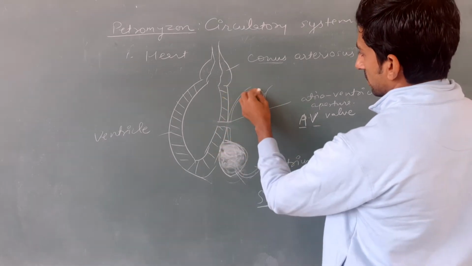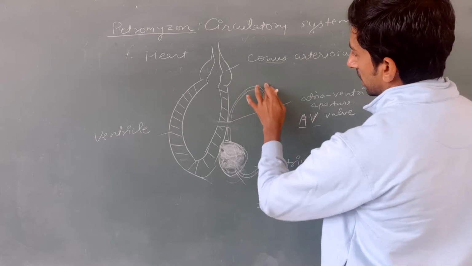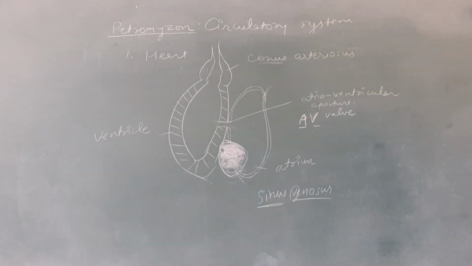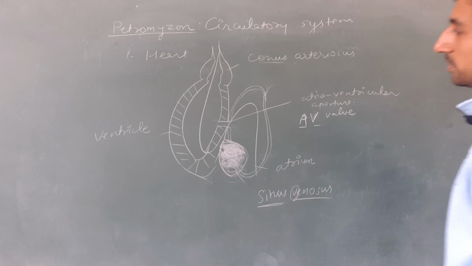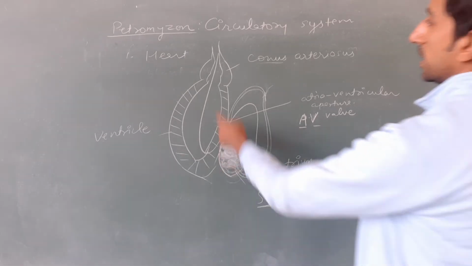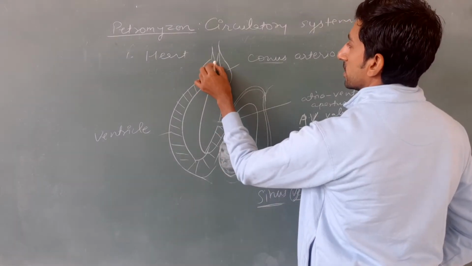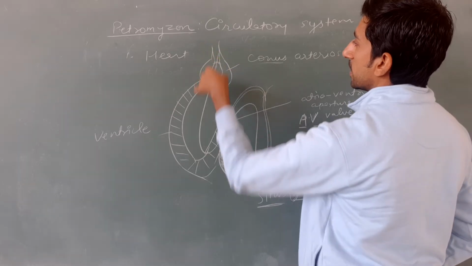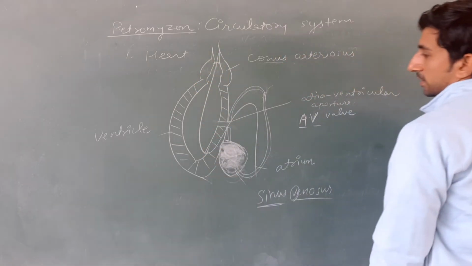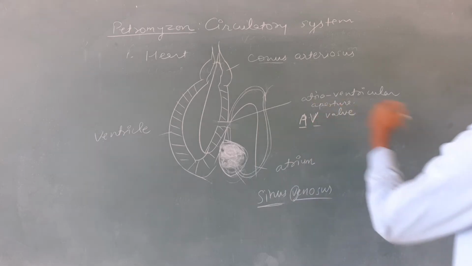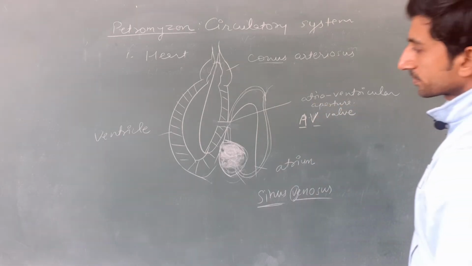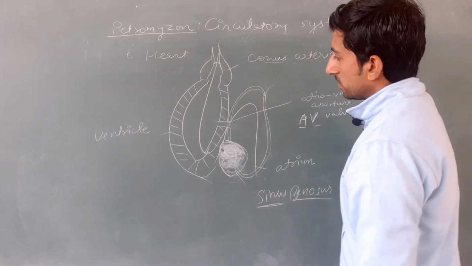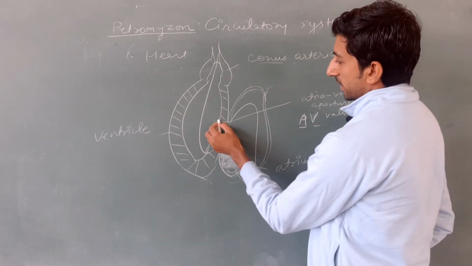So this is the heart of Petromyzon, which is S-shaped. This completes the S. In this S-shaped heart, semilunar valves are present, which prevent the backflow of blood, and here is the AV aperture, and also the valve which prevents the backflow.